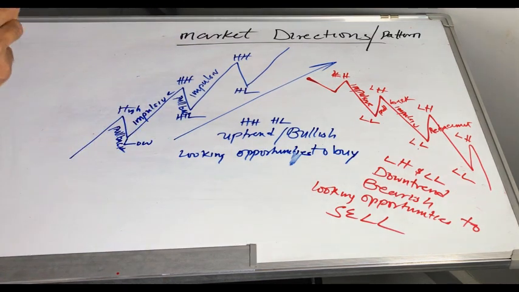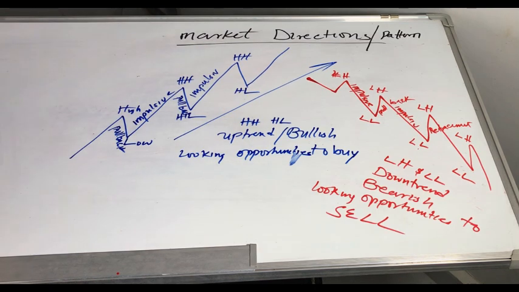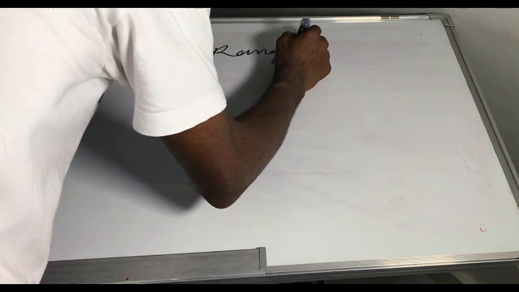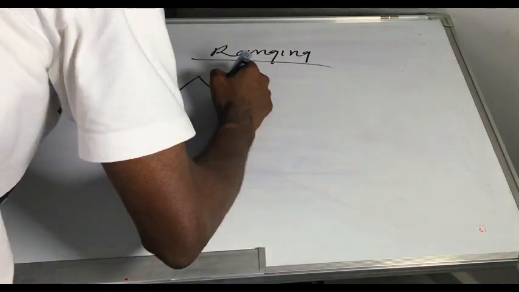Now, the third category of the market is the ranging market. A ranging market goes like this.